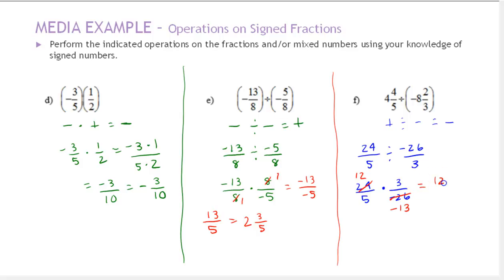So this is 12 times 3 over 5 times negative 13. 12 times 3 is 36. 5 times negative 13, well, it's going to be negative. Positive times negative is negative, and that's 65. And then at the end, we'll put the negative sign out front, so negative 36 over 65.